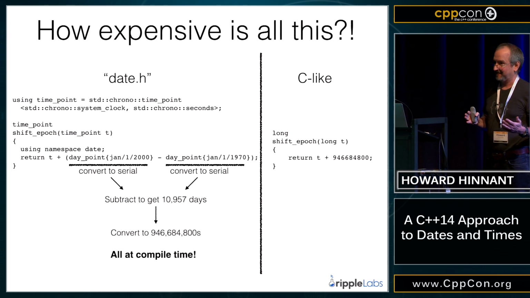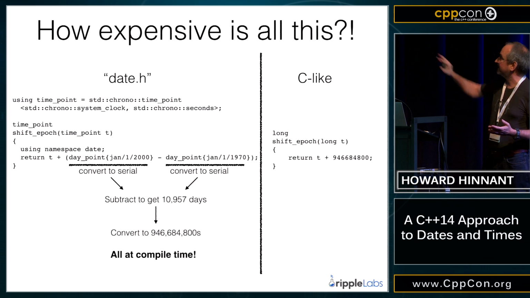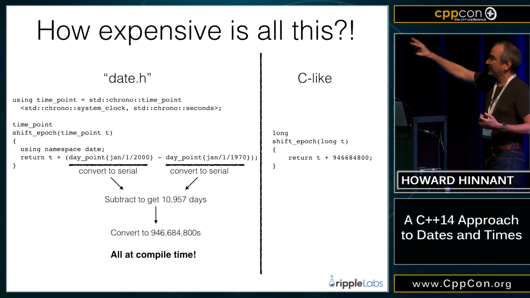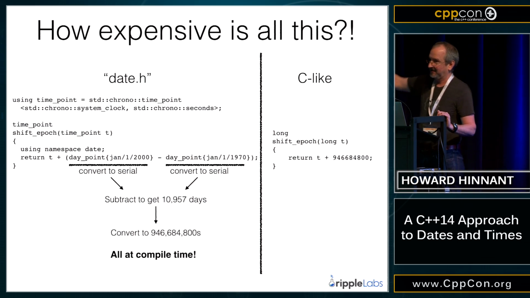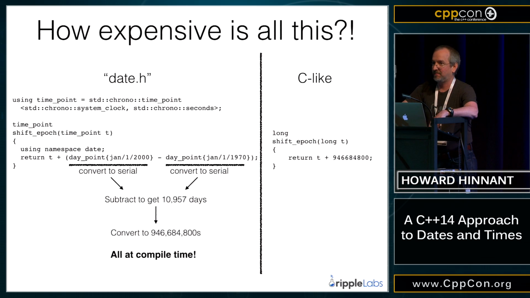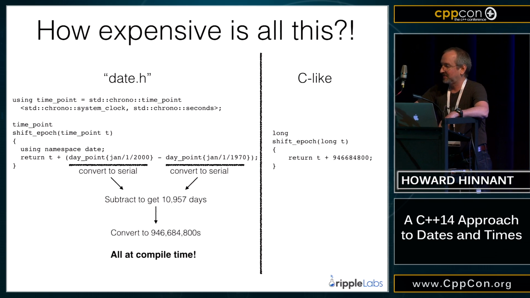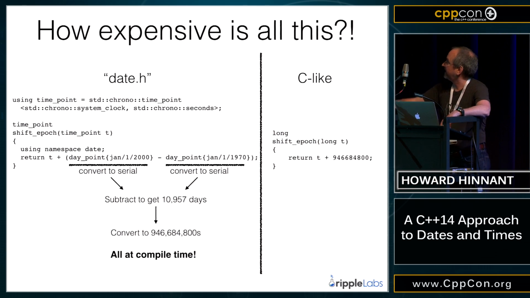This is amazing. This is where constexpr really comes in. Even though there's no constexpr anywhere visible in this user level code, constexpr is helping the compiler do all of these computations at compile time, creating efficiency equivalent to a silly, well, maybe not silly, but obviously efficient C implementation of this function.